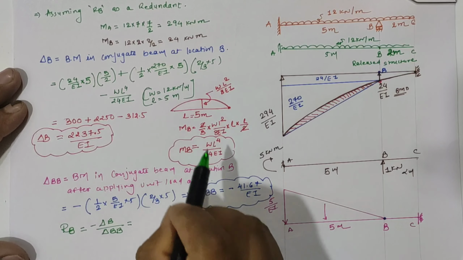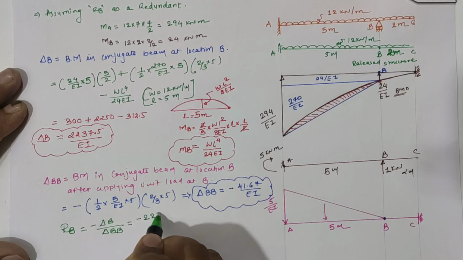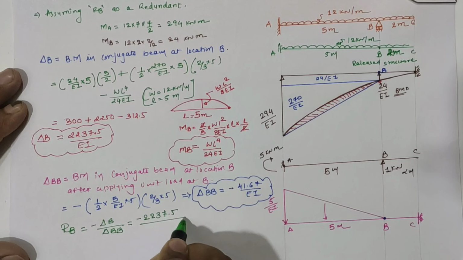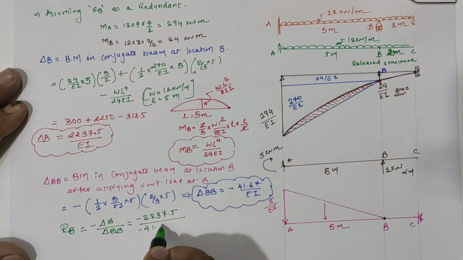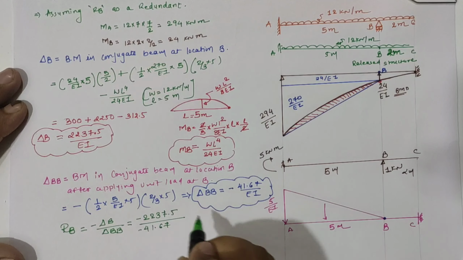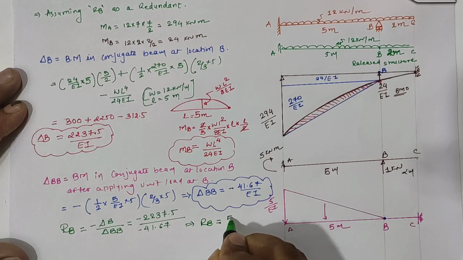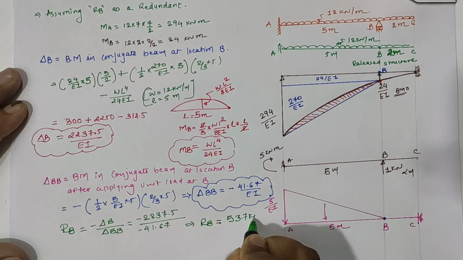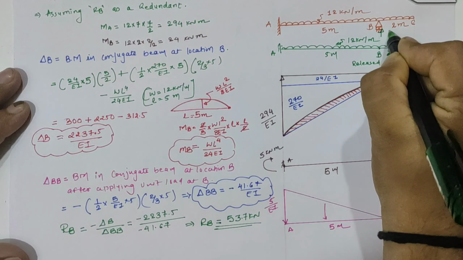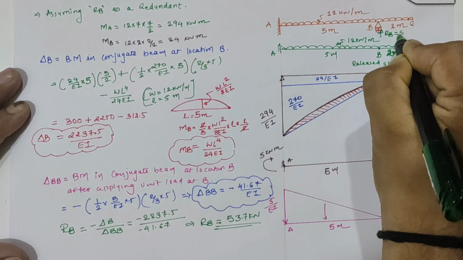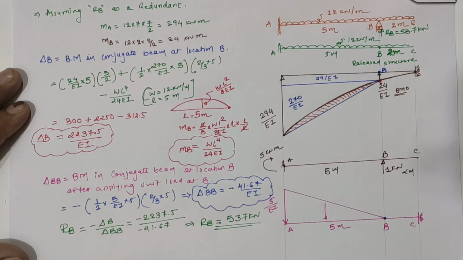Minus of delta B is 2237.5 by EI divided by delta BB as minus 41.67, and EI is cancelled from both terms, hence our RB value is equal to 53.7 kilonewton. So from the consistent deformation method, our RB value is 53.7 kilonewton in upward direction.